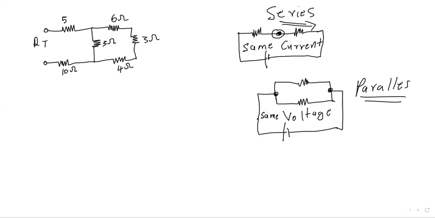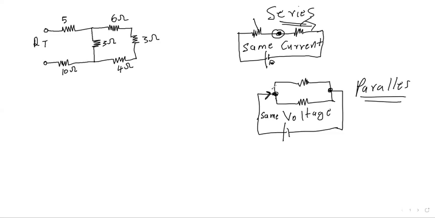The other thing is that in a series connection, the sum of the voltages across this resistor and that resistor equals the supply voltage. And in a parallel connection, the sum of the currents through the two resistors equals the total current. That is the current entering this junction.